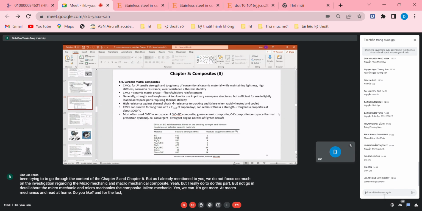And for the last chapter 6, we discuss corrosion. Corrosion can occur in different materials, not only in metals, but also in other types of materials like polymer. Polymer can also corrode.